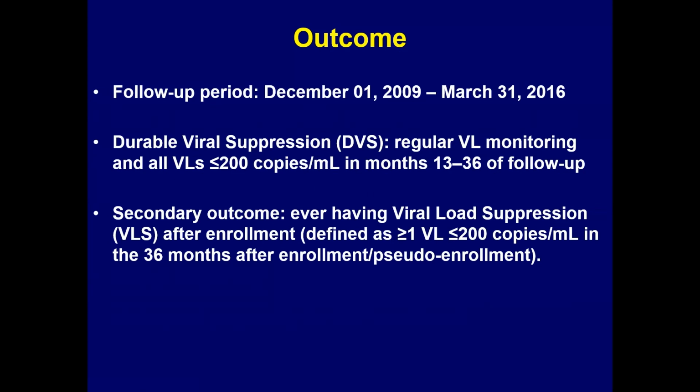There is also a secondary outcome, defined as ever having viral load suppression after enrollment. So basically there are 2 outcomes. The more desirable outcome is durable viral suppression. The other one is just ever having a viral load suppression.